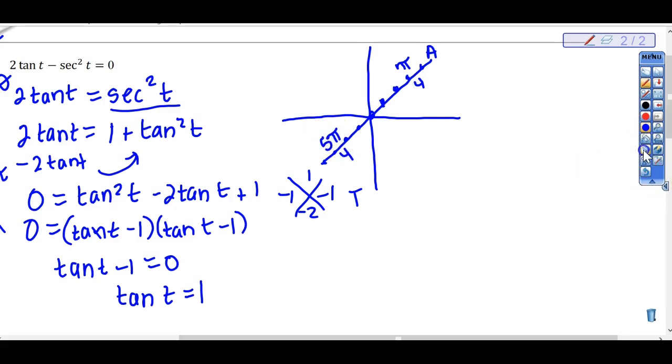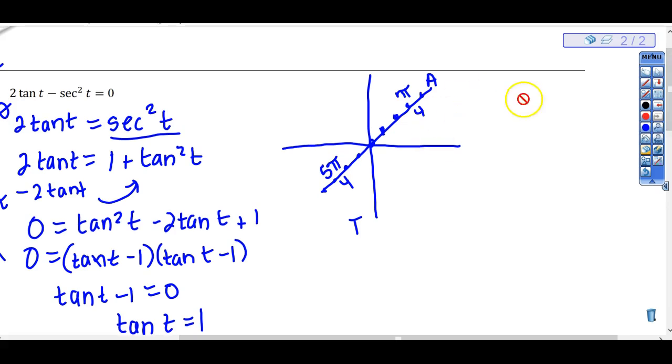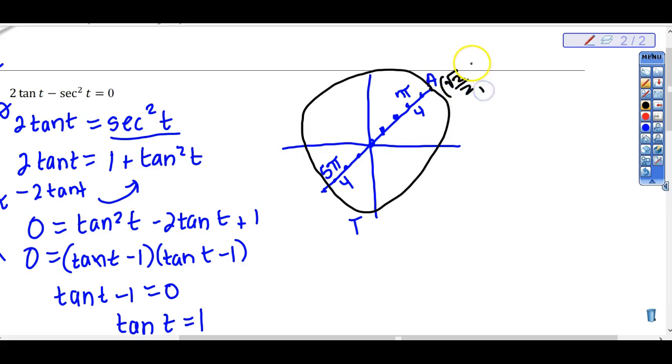What's useful to have here is your sine and cosine values. Pretend I did a good job drawing the unit circle. If I had my iPad, that'd be beautiful. The coordinates here are cosine, square root of 2 over 2, and sine, square root of 2 over 2.